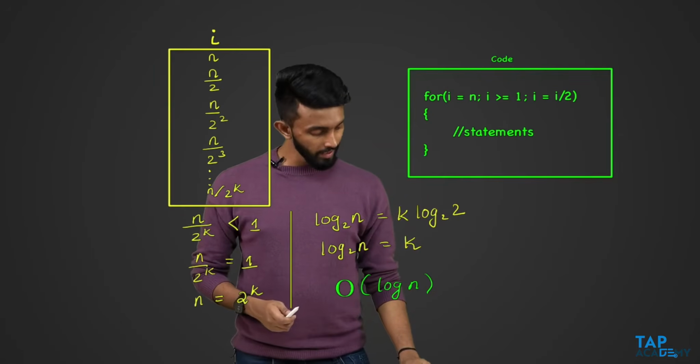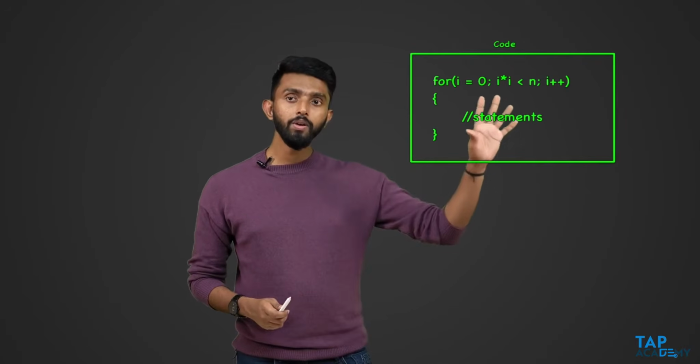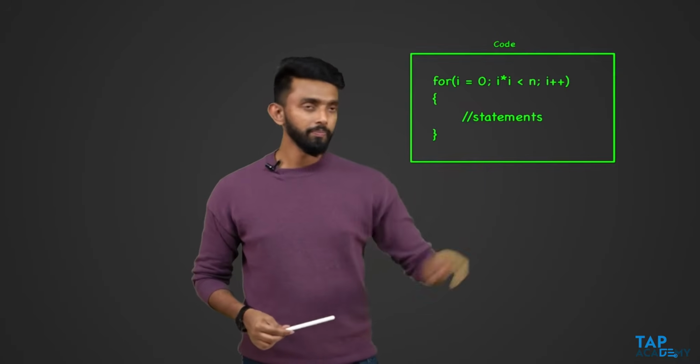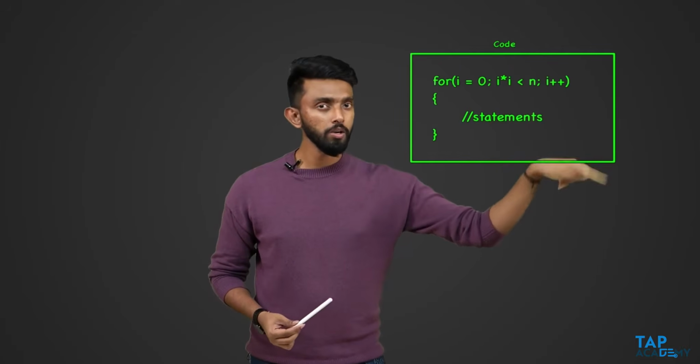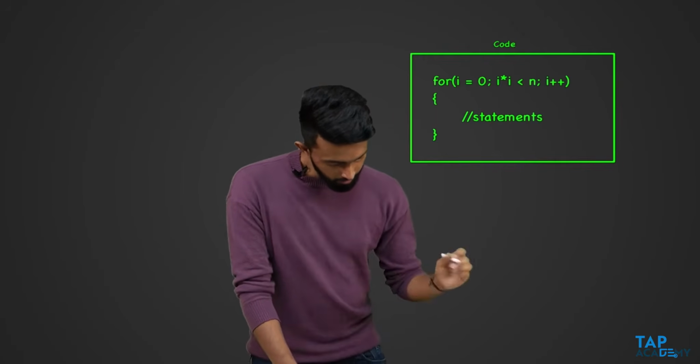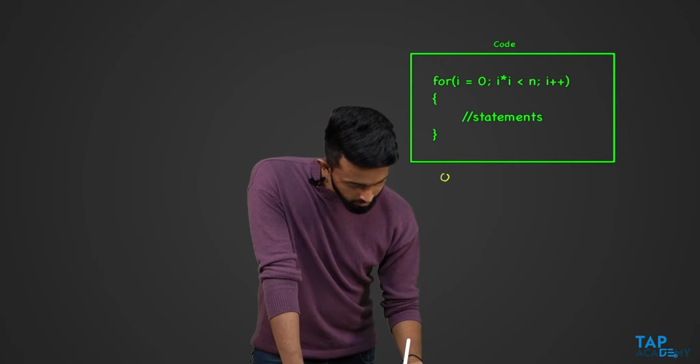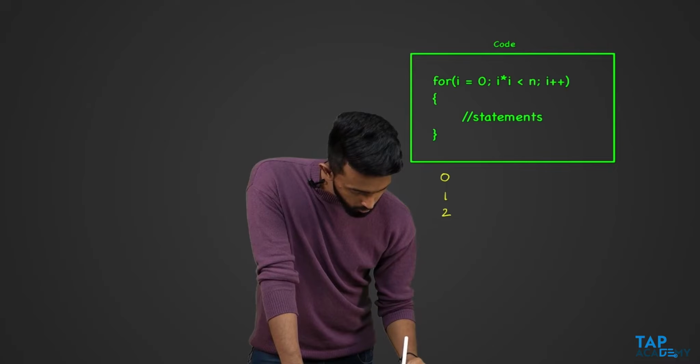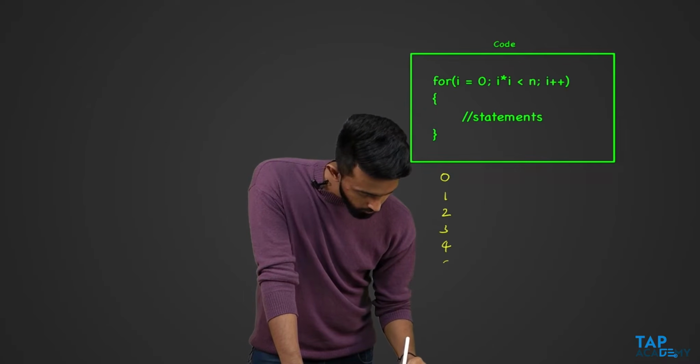Anyways, let's analyze the next one. Okay, the next one looks something like this. Watch it, guys. i begins from 0. Every time square the value of i, check if it is less than n. If so, execute the statement, increase the value of i by exactly 1. Which means, would you agree, I can say i value increases like this: 0, 1, 2, 3, 4, 5.